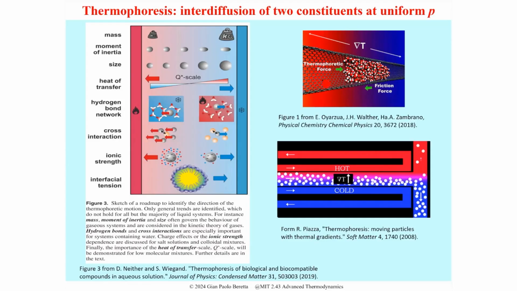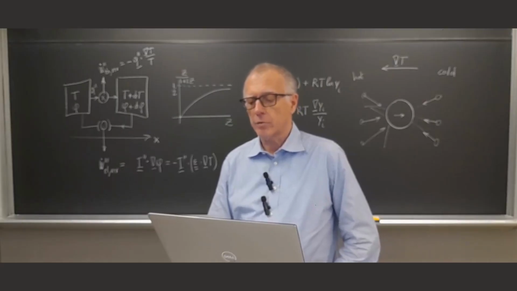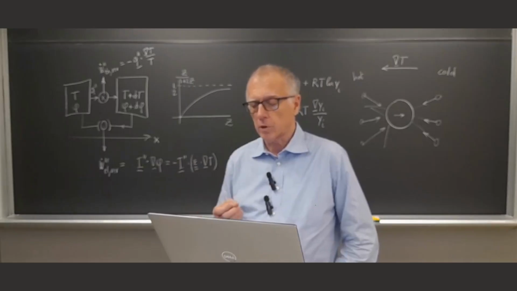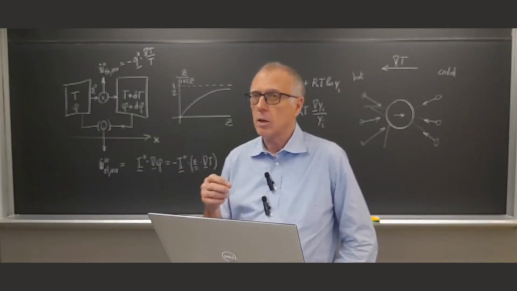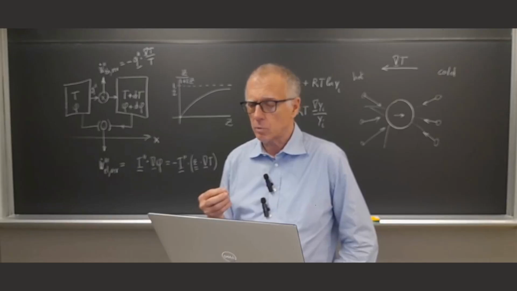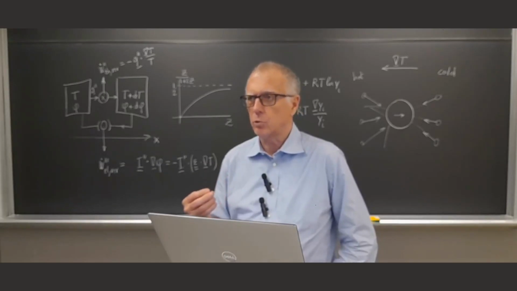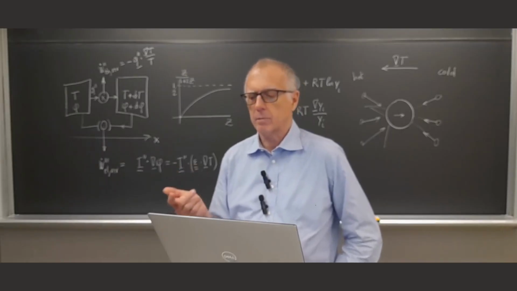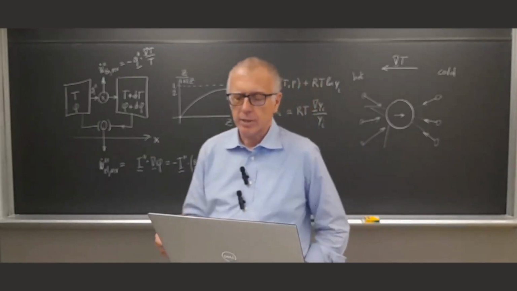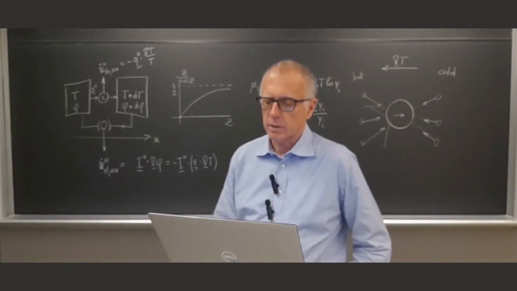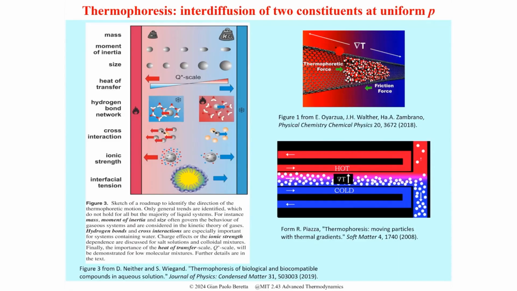This is the carbon nanotube in which you have water molecules, and so you manage with a gradient in temperature to win the friction forces, because one of the problems in moving stuff in small pipes is that you would need huge pressure drops if you wanted to do it with a pump, and the device will break because of the high pressures, whereas thermophoresis or electrophoresis are more effective and more doable.